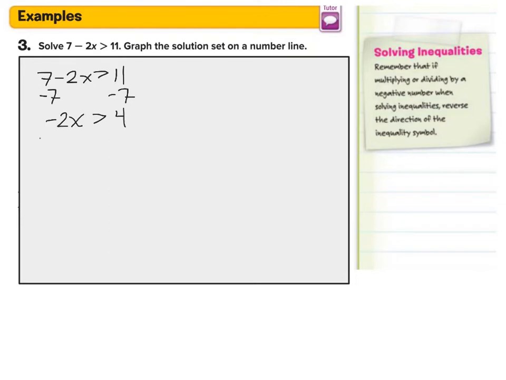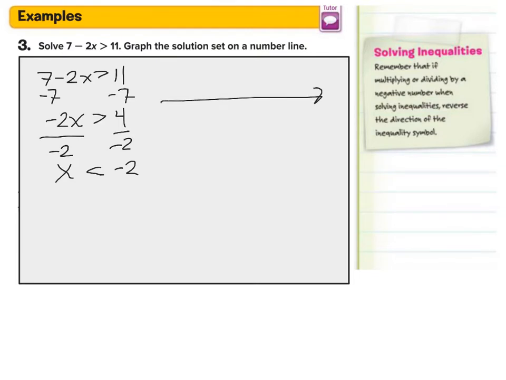Okay, so now I'm dividing by a negative. So now I have to switch my sign. So negative 2x divided by negative 2 is just x. 4 divided by negative 2 is negative 2. So x is less than negative 2.